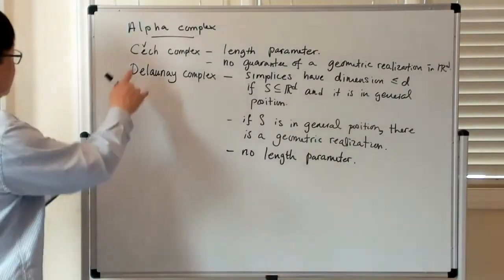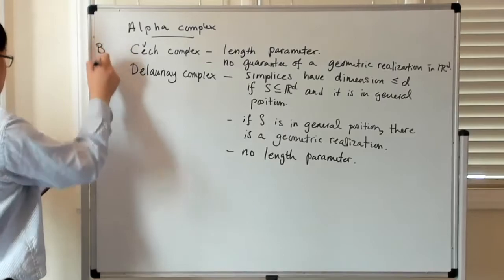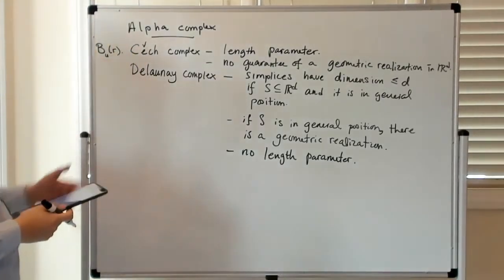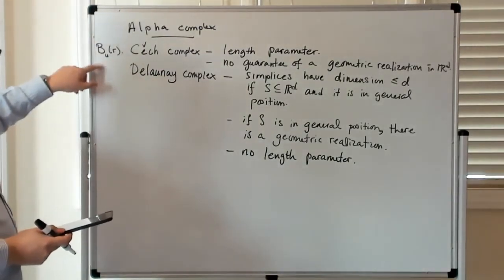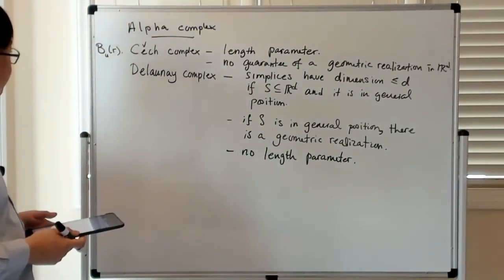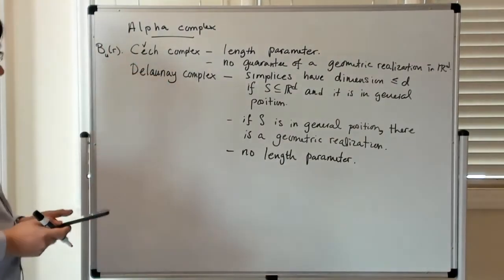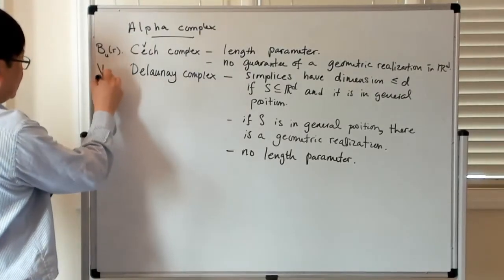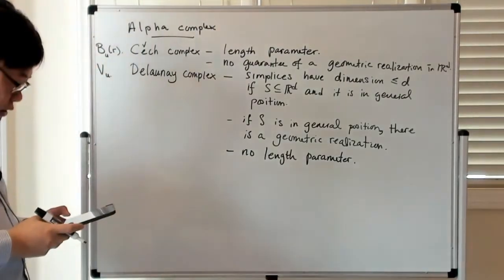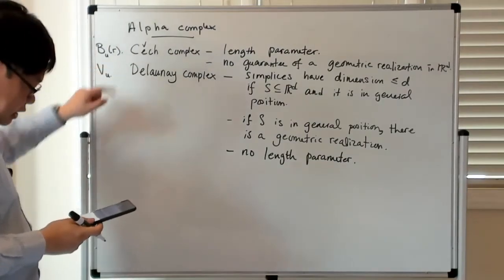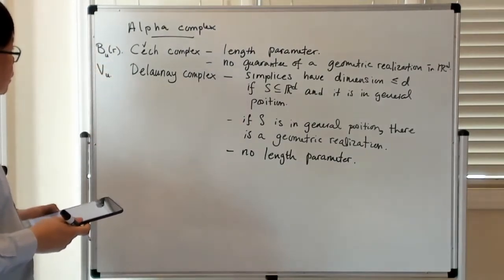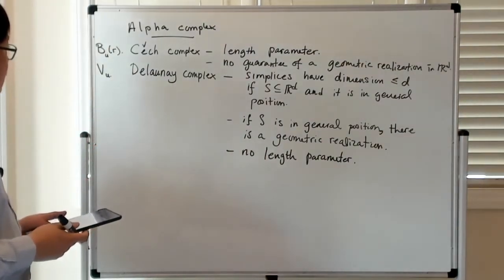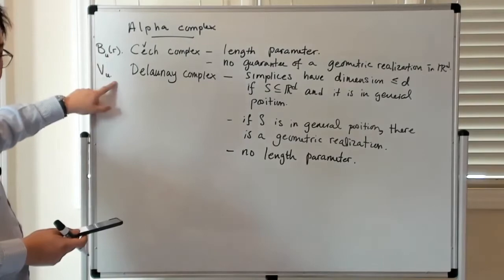With the Čech complex, you have balls centered at a point u of a particular radius, and the nerve associated with these induces the Čech complex. With the Delaunay complex, you have the Voronoi cells V_u. So we're going to consider a new set of convex sets which come from the intersection of these two things.